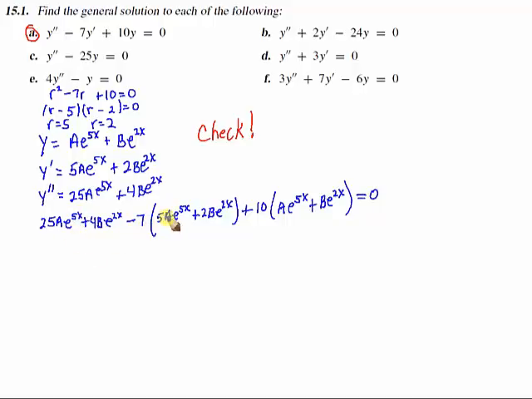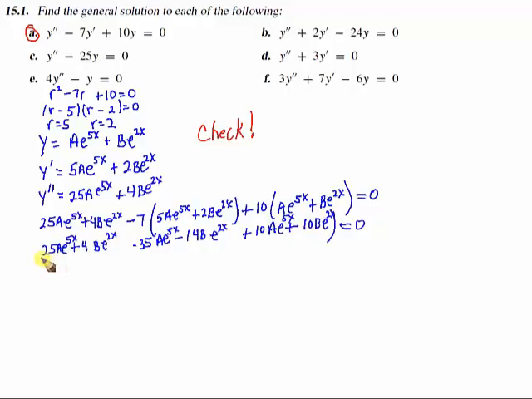So this is negative 35a. This is negative 14b. This is 10a. This is 10b.